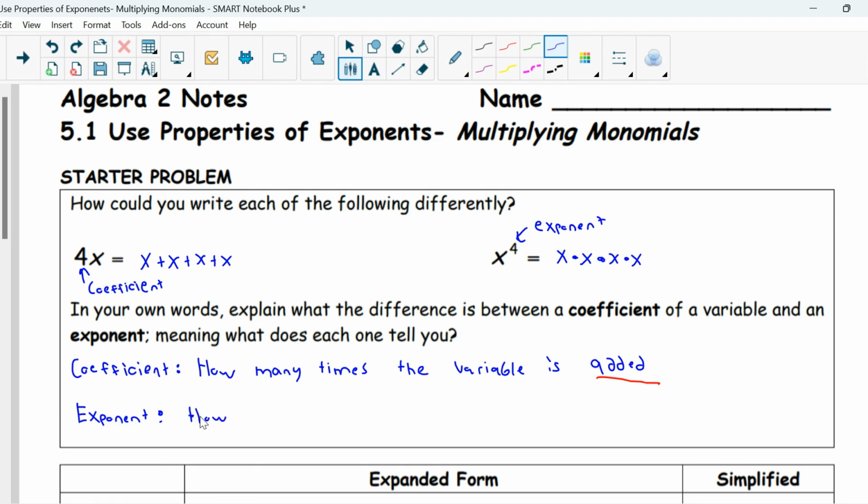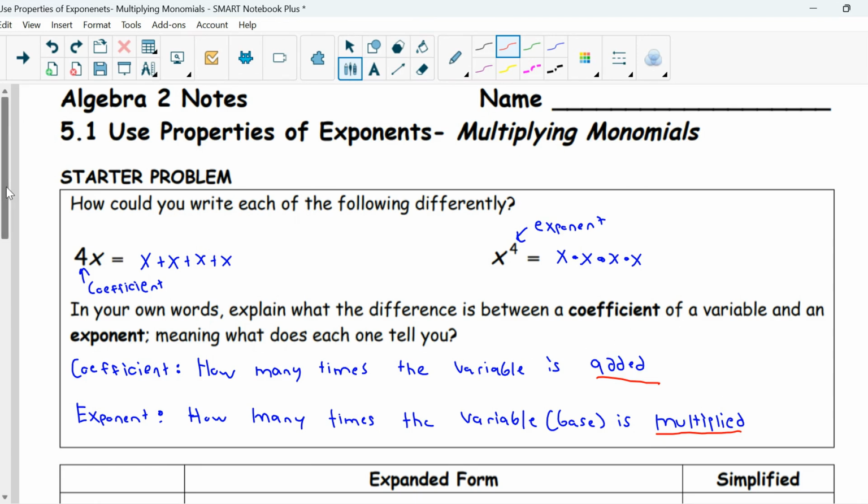So how many times is the variable, which in this case we can call the base as well, multiplied? The big idea with exponents is multiplication.